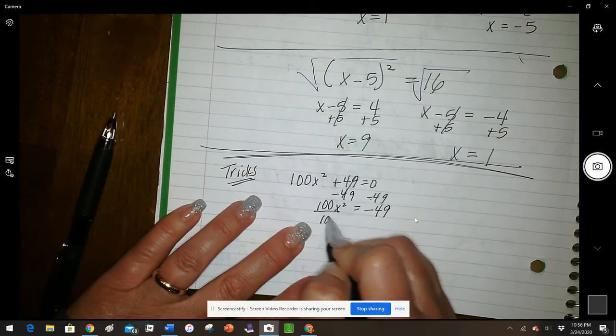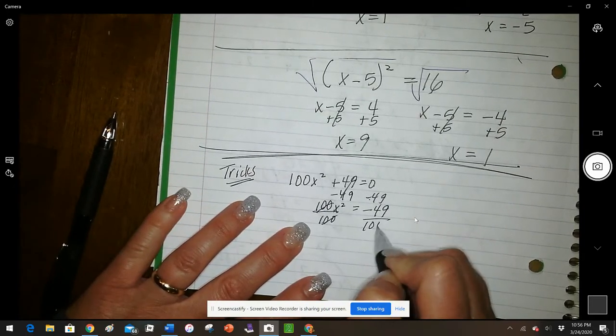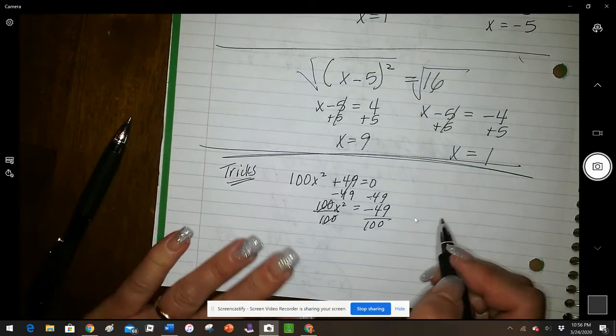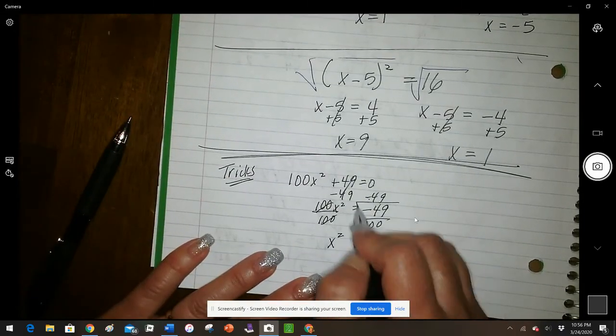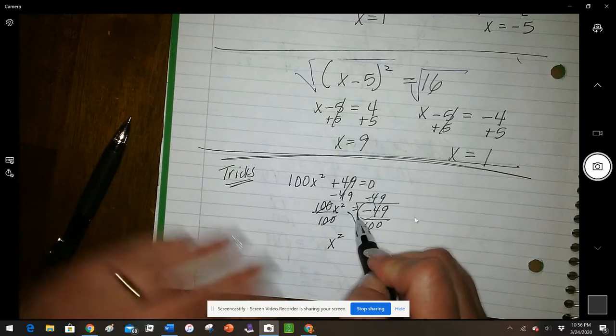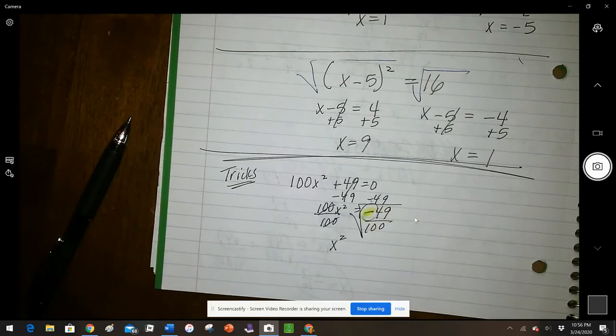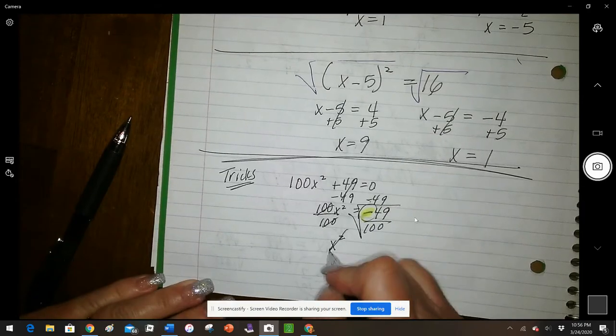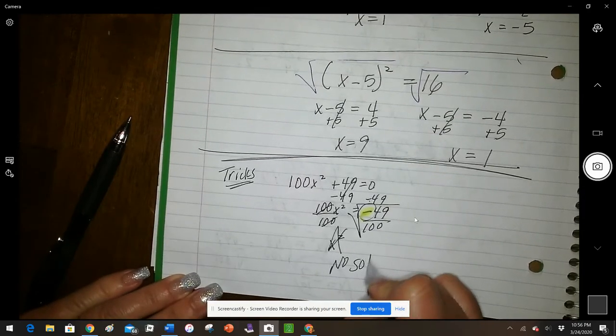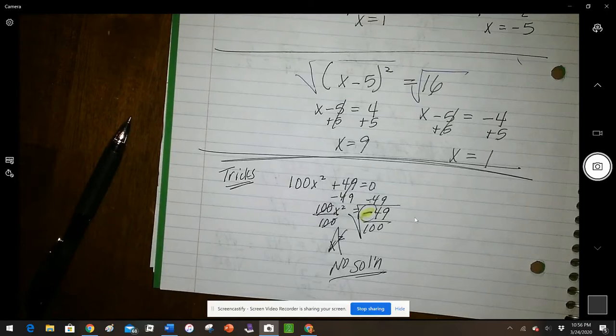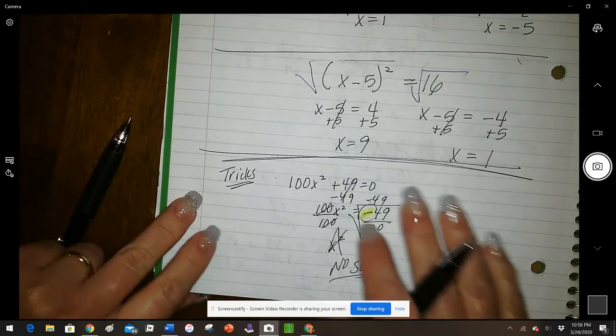And when I divide by 100, again, I'm not going to use my calculator. I'm just going to leave it. But when I go to square root this, there's a negative sign underneath. And you can't do the square root of a negative number. And so this becomes no solution. So you just have to be careful with those, okay?